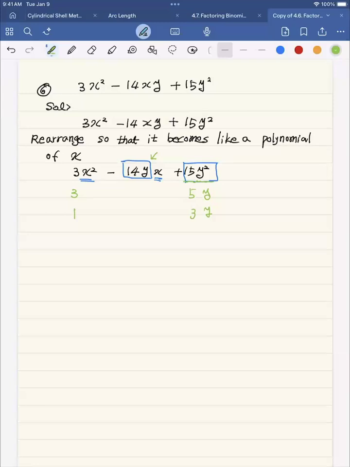But if something is not that clear, then you have to go through other possible combinations of the multiplication. So when we cross multiply, we have 5y and 3 times 3y is 9y. And then when we add them up, we have to get negative 14y.